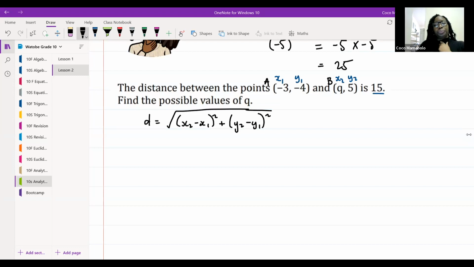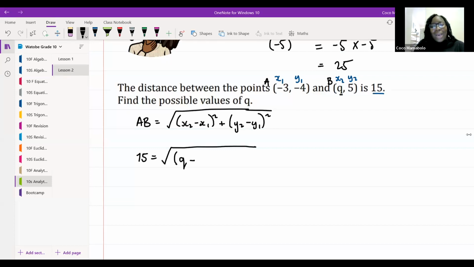Good. And then we're just going to go ahead and replace things where we see them. We know that our distance AB has actually been given to us. It's 15. So we're going to replace AB with 15. So 15 is equal to the square root of, substitute, open brackets, my x2 value is Q minus my x1 value, which is -3.